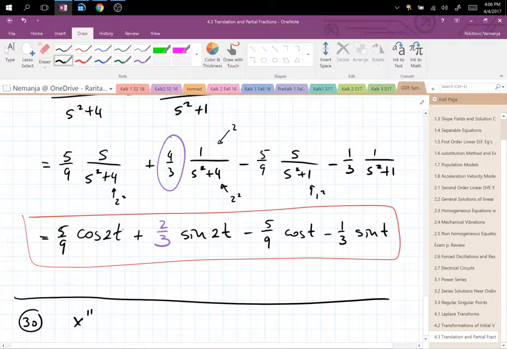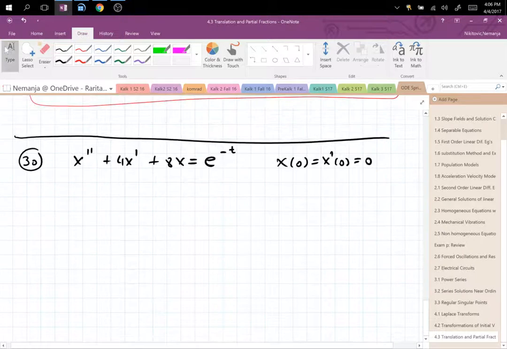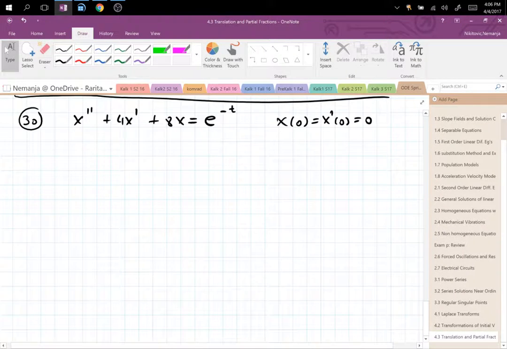X double prime plus 4x prime plus 8x is equal to e to the negative t, and here are your conditions. X of 0 is 0, x prime of 0 is 0. There you go. Have fun for a few moments, and then I'll work on it.